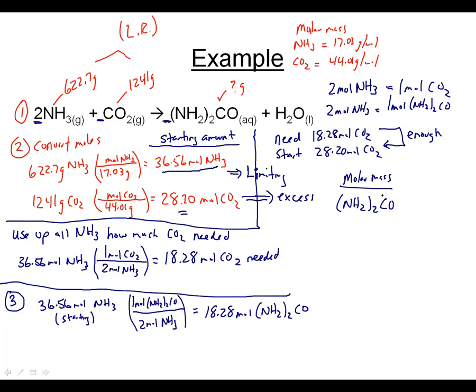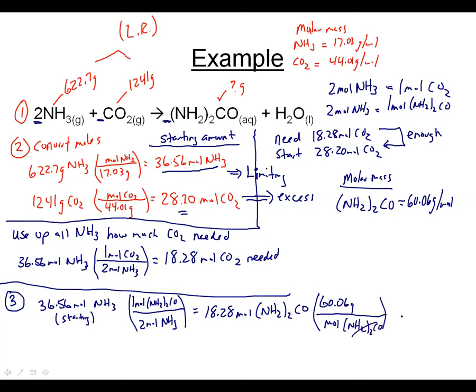2 times 14.01 plus 4 times 1.008 plus a 12.01 plus a 16.00, 60.06 it looks like. So if you go to the periodic table, 60.06 grams per mole if you add up all the parts. And we will use that, the 60.06 grams per mole of our product.